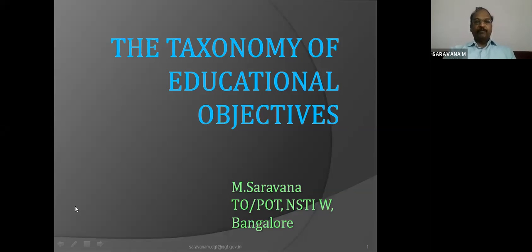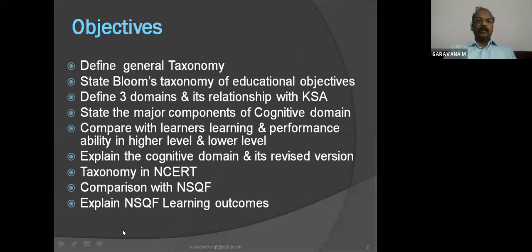The objectives of the presentation are, after completion of this presentation, you will be able to define the general taxonomy of educational objectives, and you will be able to define 3 domains and their relationship with knowledge, skill, and attitude. State the major components of the cognitive domain and compare learners' learning and performance ability at higher level and lower level.